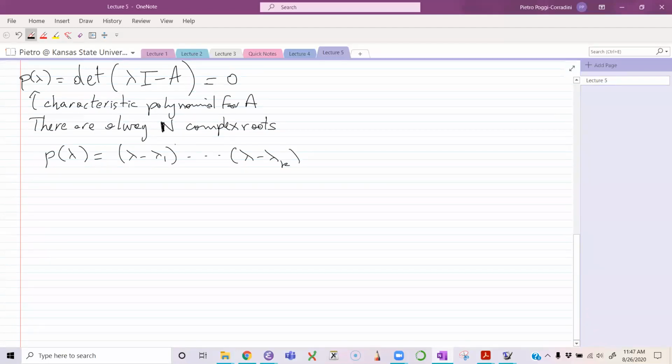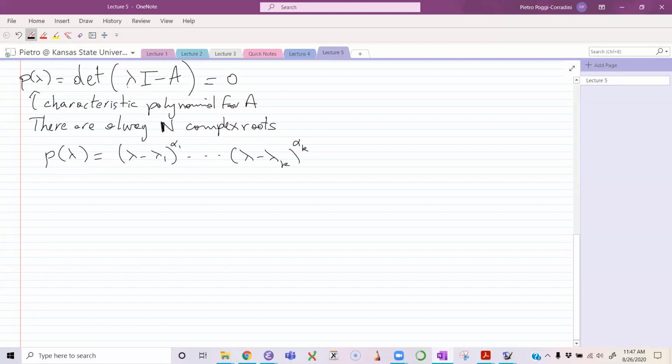And there could be some repeated monomials, so some powers up here, right? This is the general factorization of a polynomial. Now you might wonder about the leading term, but because of the way I've written it down, the leading term is going to be lambda to the n.